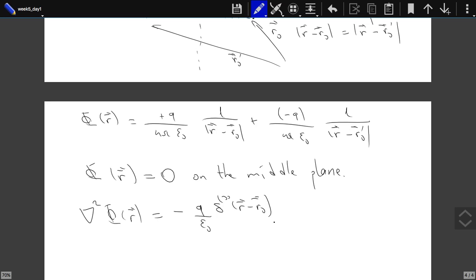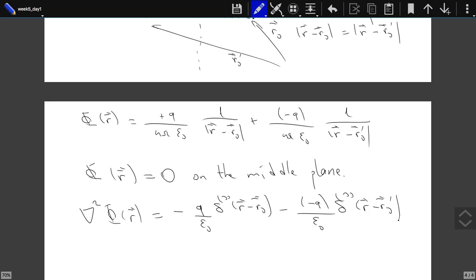Then I have the Laplacian of this expression, which is again another point charge located at the point r0 prime. So the corresponding charge density will be minus Q over epsilon 0 Dirac delta of r minus r0 prime.